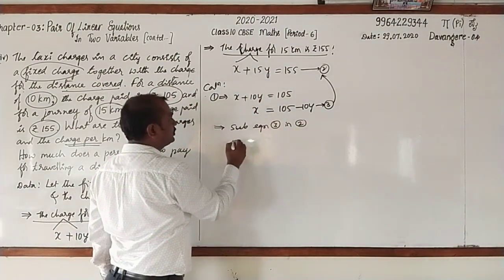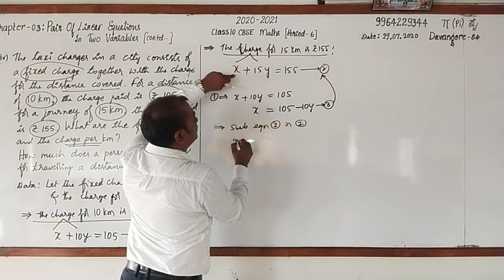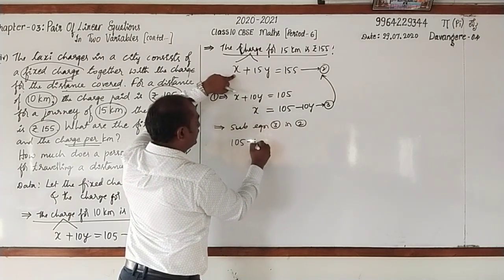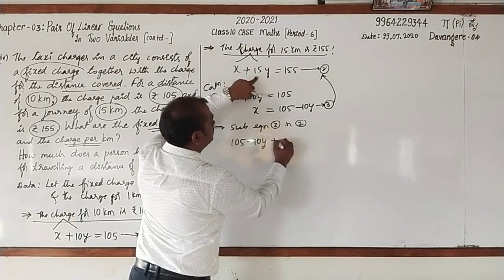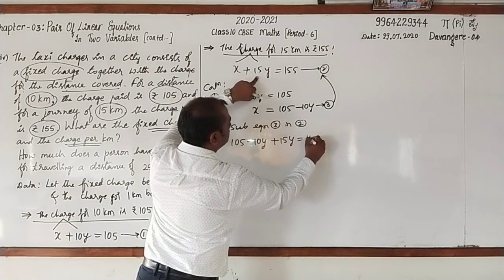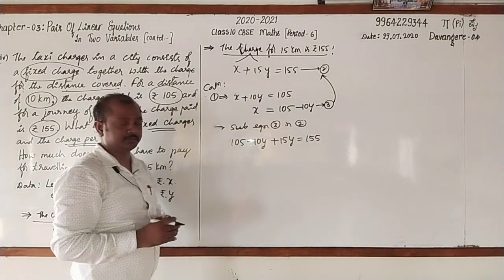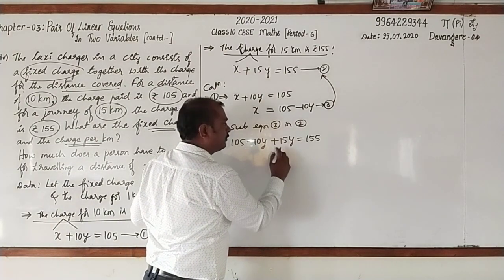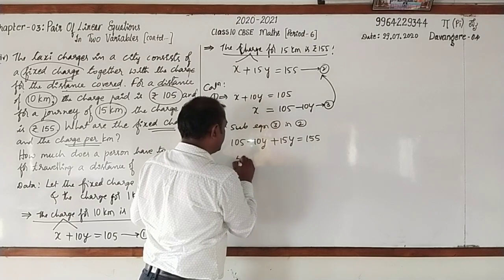Then equation 2 can be written as X plus 15Y. What is X? It is 105 minus 10Y plus 15Y is equal to 155. Then minus 10Y plus 15Y is 5Y.